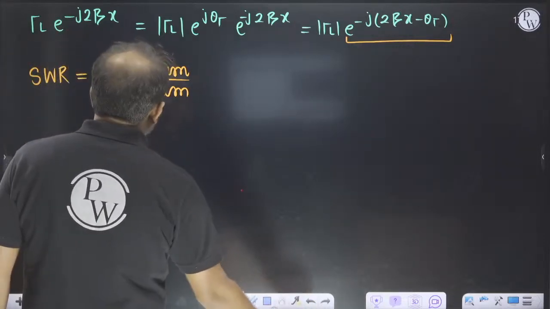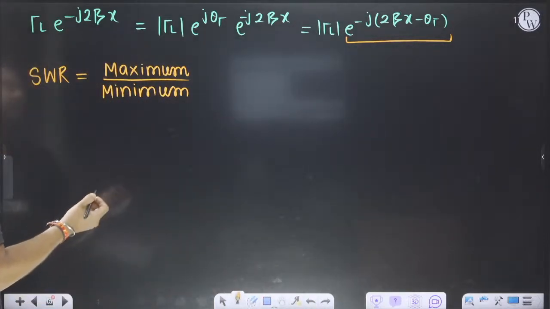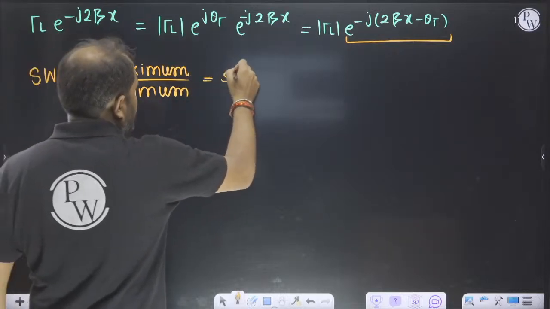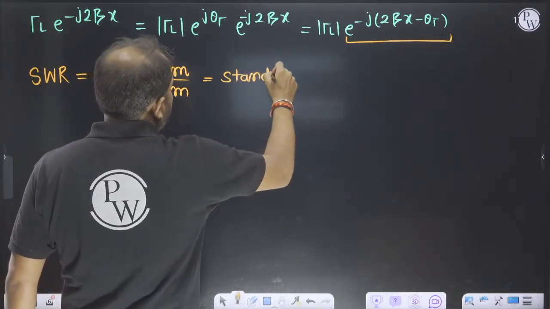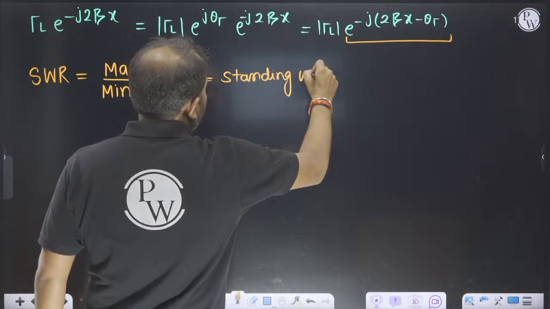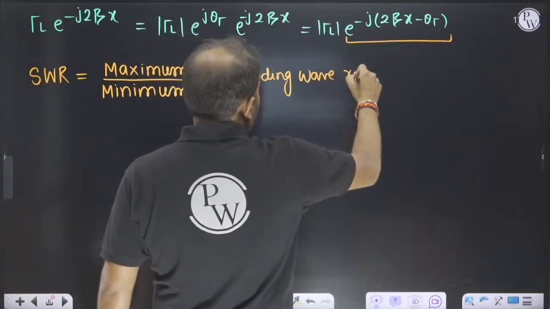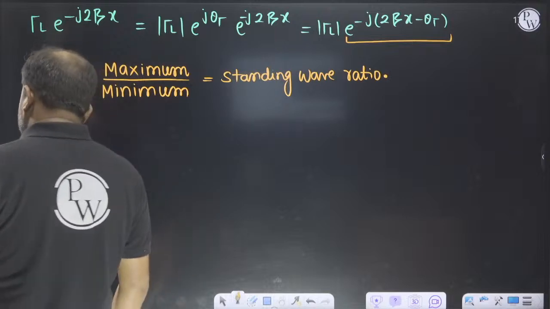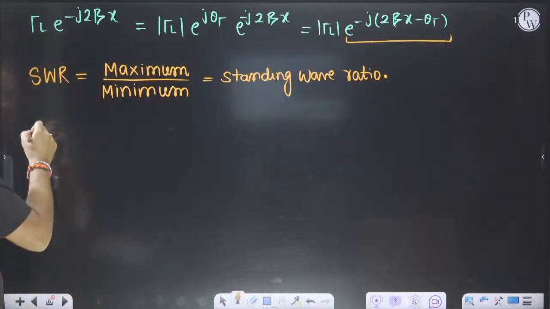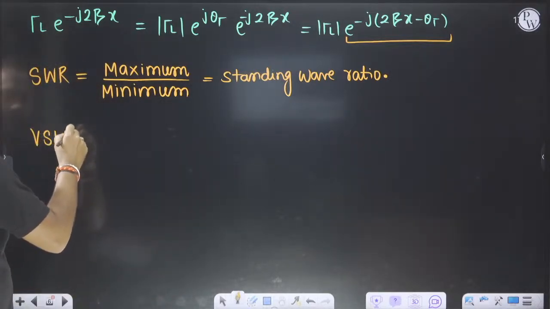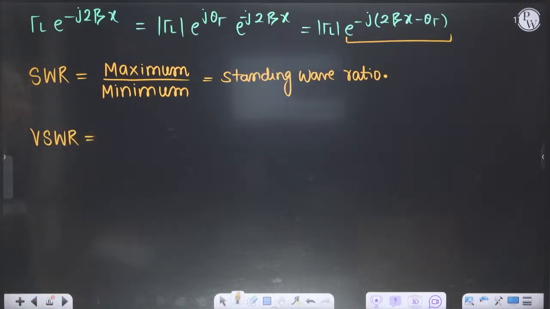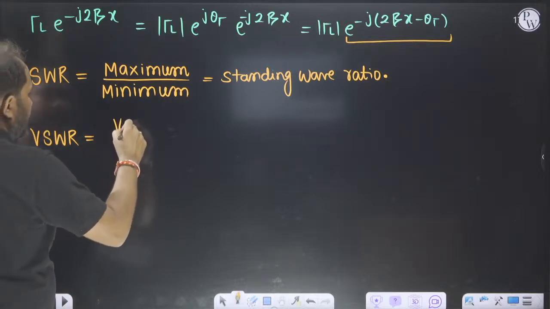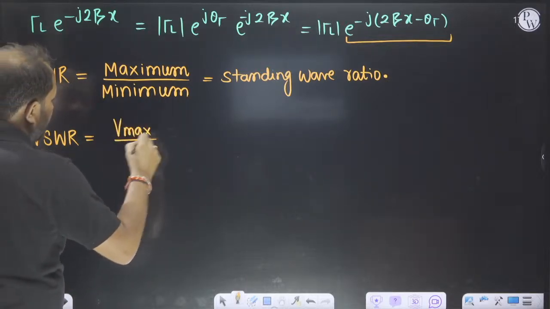So there will be current maximum and voltage maximum, and this is known as the standing wave ratio. Then we have VSWR. VSWR is nothing but voltage standing wave ratio, which will be V_max upon V_min.